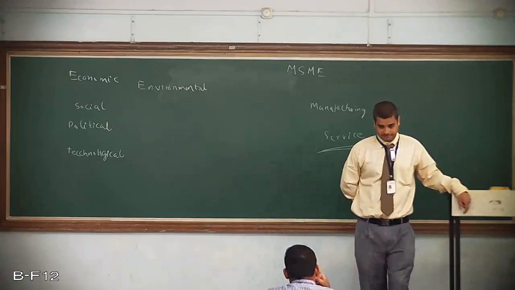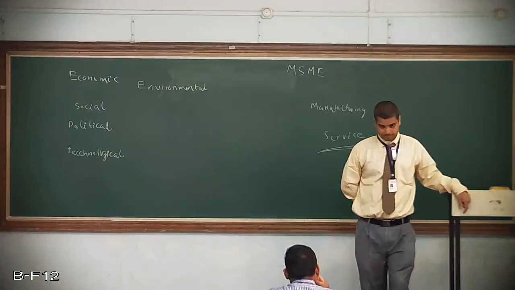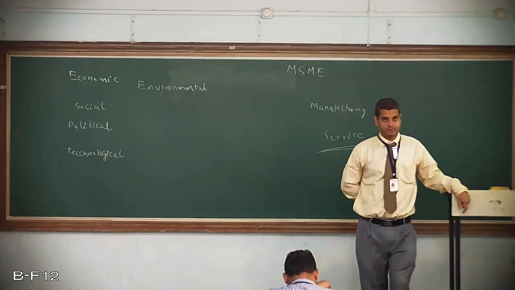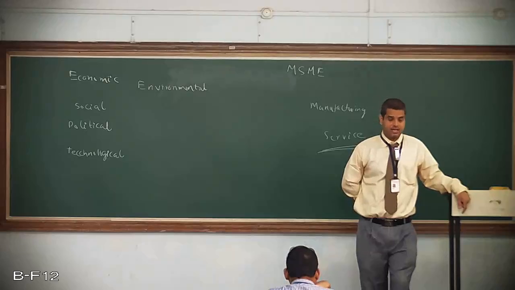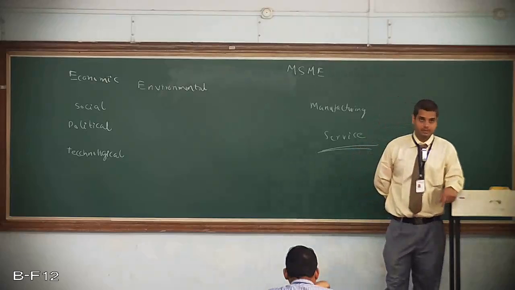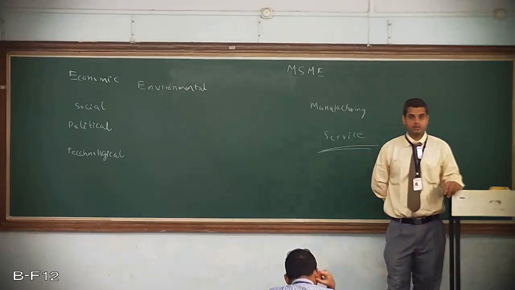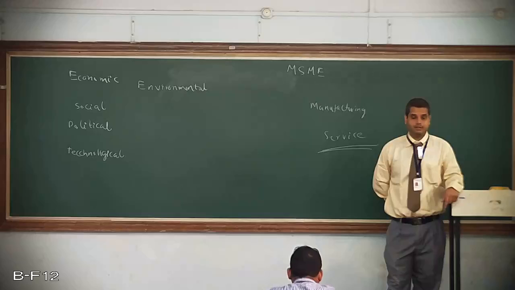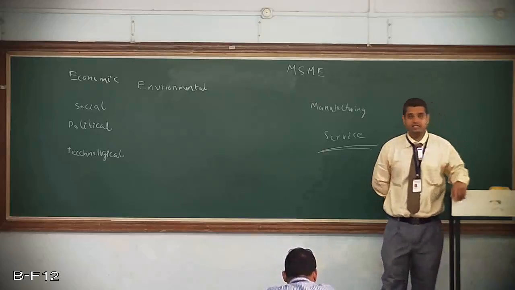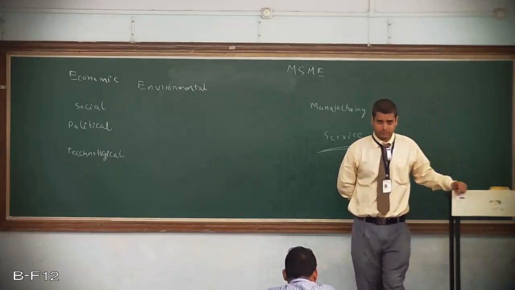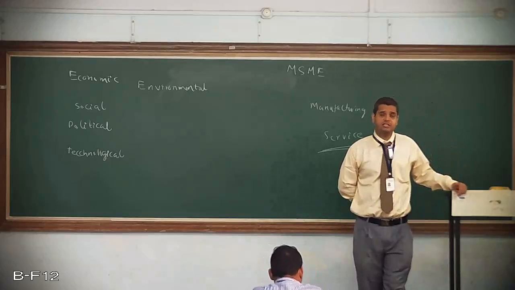Second one, please, sir. It provides the largest share of employment after agriculture. Agriculture is contributing around 65 to 70% of India's employment. After that, it's MSME. Agricultural products, everyone knows: rice, wheat, jowar, barley, vegetables, fruits, whatever you say. The agriculture sector is producing them.